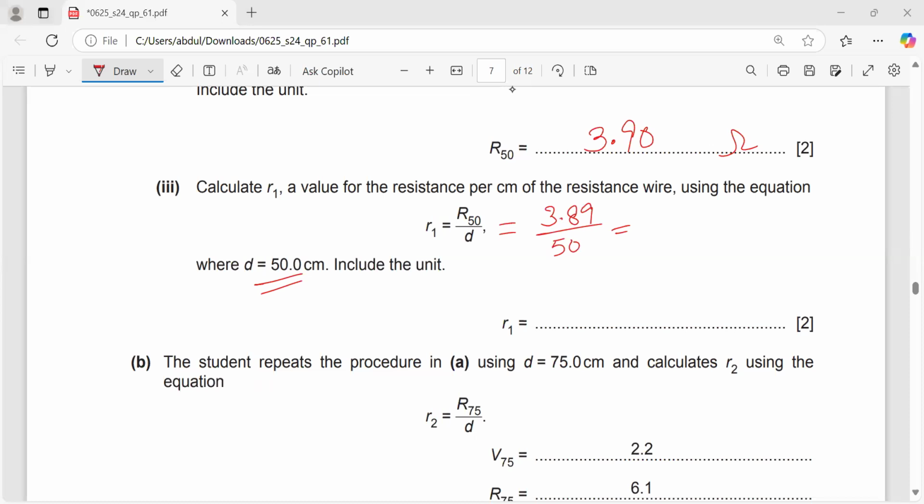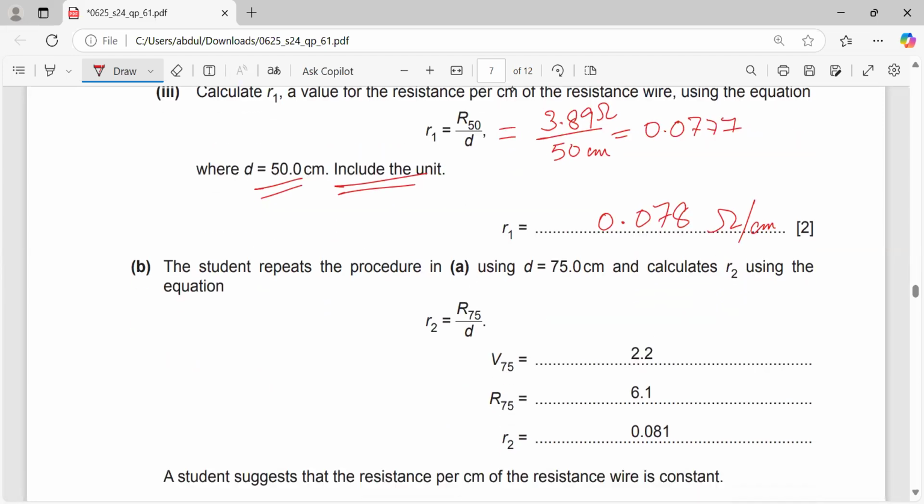So this divided by 50 is 0.0777, so we can write 0.078. But what will be the unit? Very important. This is in ohms and this is in centimeters, so ohm per centimeter. They said include the unit.